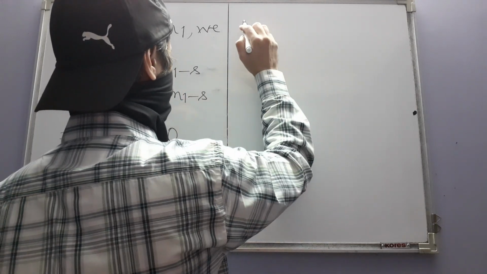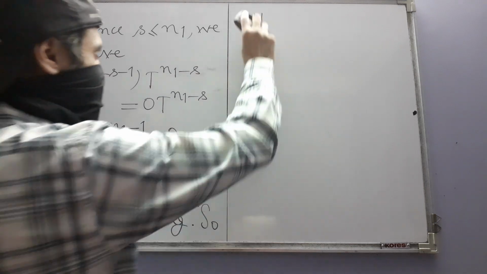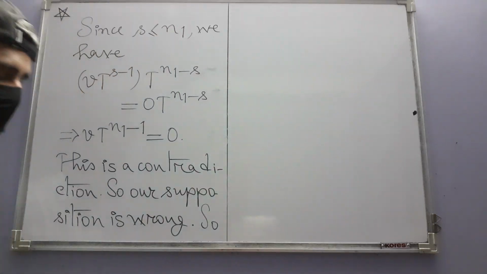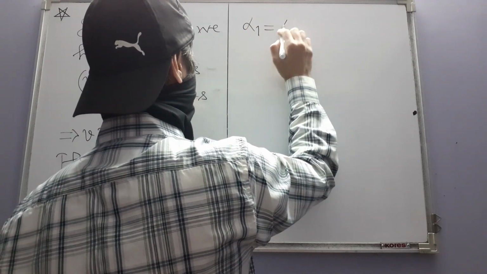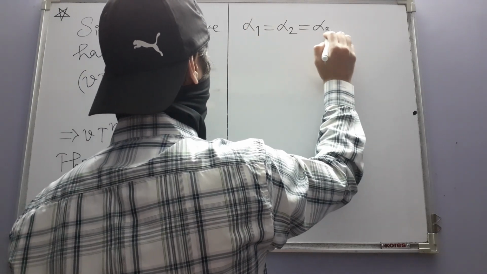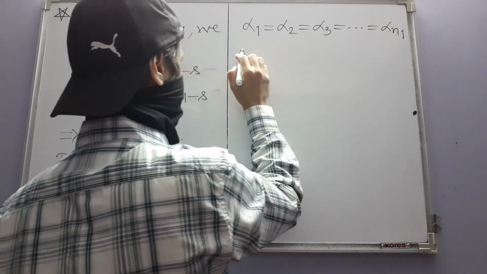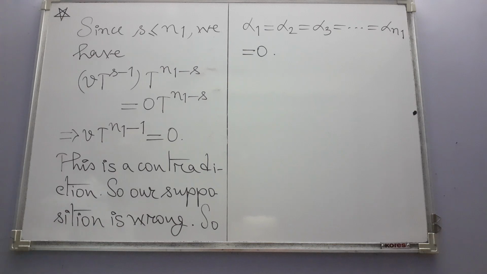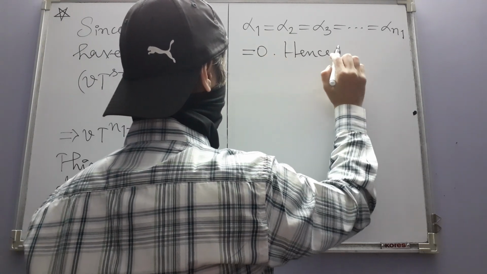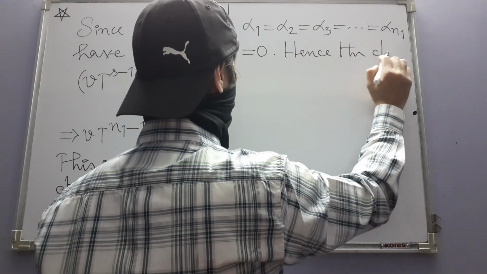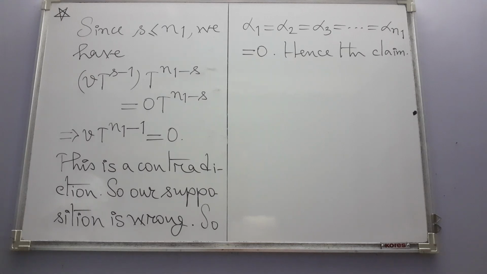So, or instead of writing like this, which is a little not accurate, let me write like this. Hence, the claim that those vectors are linearly independent over F.